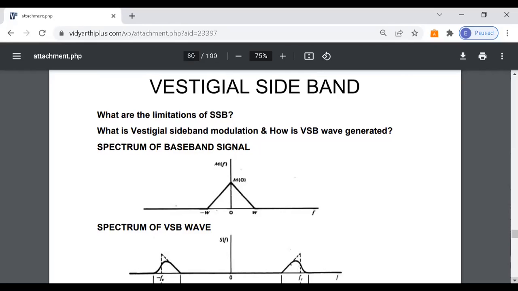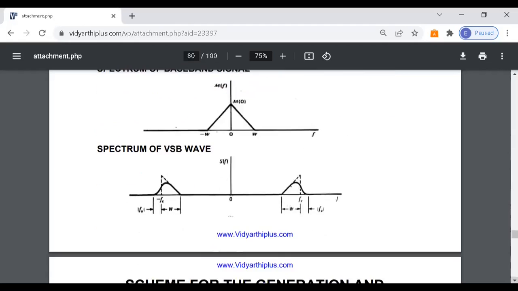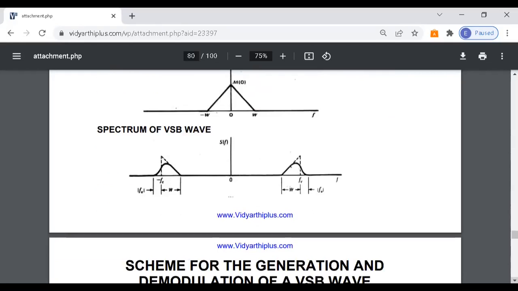So your baseband signal remains the same, right?